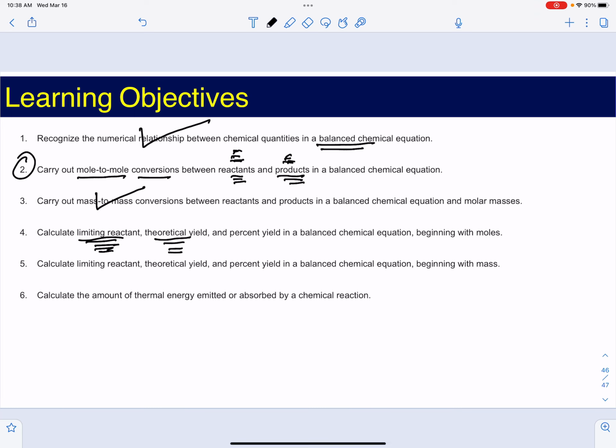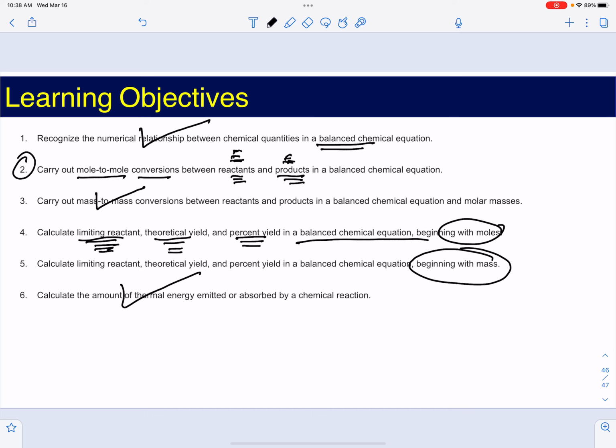And if you happen to be given the final result from the lab, how much you actually made, then you can find the percent yield by doing a ratio between the actual product over the expected or theoretical product. And you can do all that beginning with moles or beginning with mass. And you just saw how we can also use that with energy. And with that, we are done.